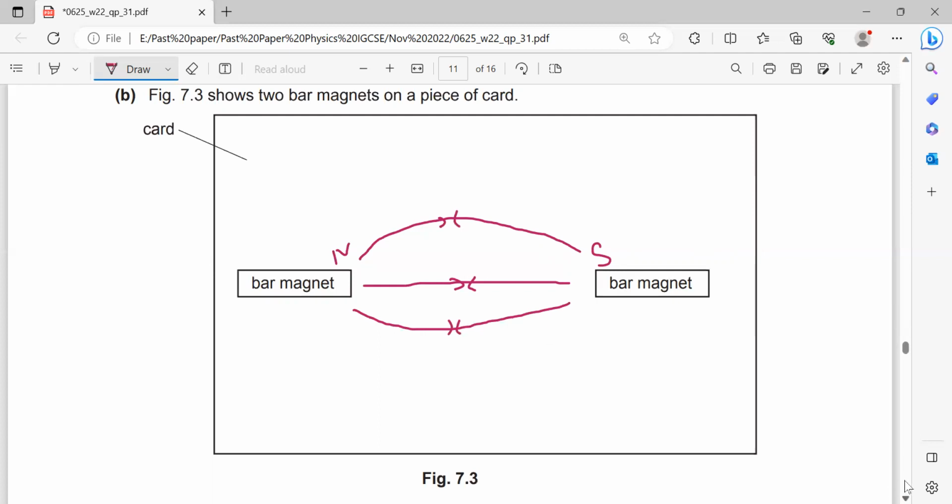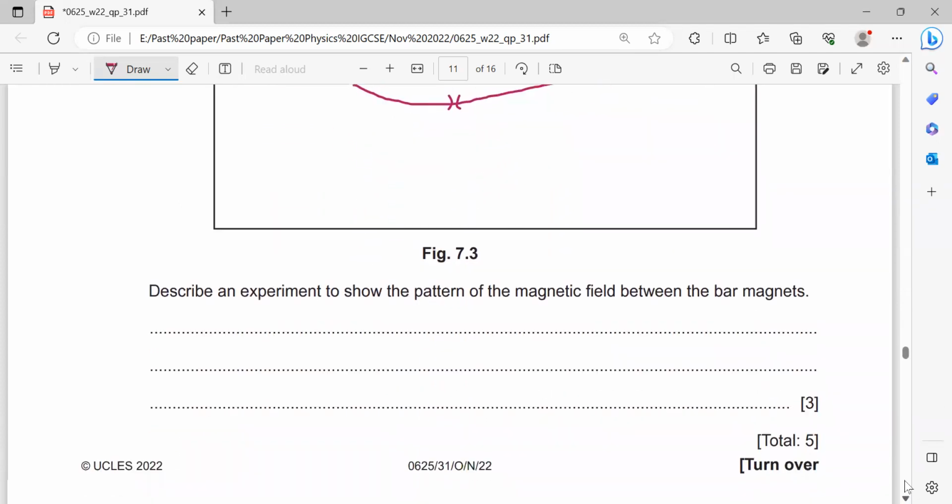They will attract each other, like this. The symbol means they will attract each other.